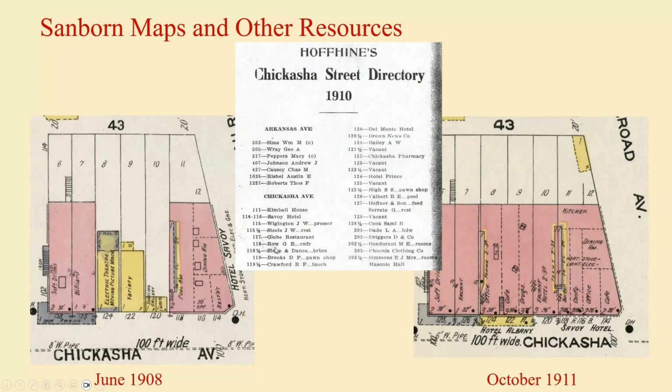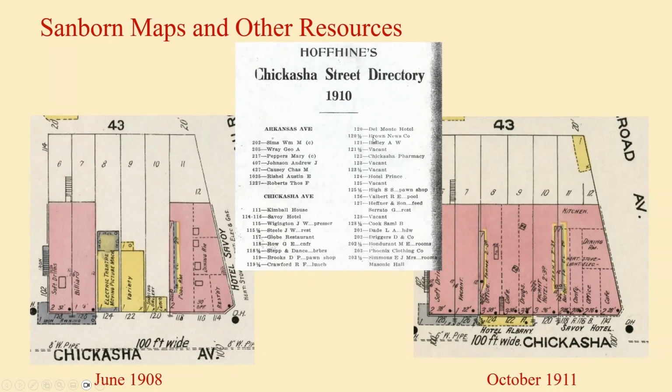Going down here, we have Row GE Confectioner. And we see here in 1911, and at 116, we have a confectionery shop shown. There's a little discrepancy in the address numbers there, but not anything major. We have further down a barber shop shown on the city directory. And again, on the Sanborn map, we show a barber shop.